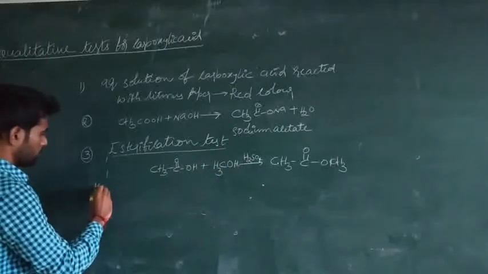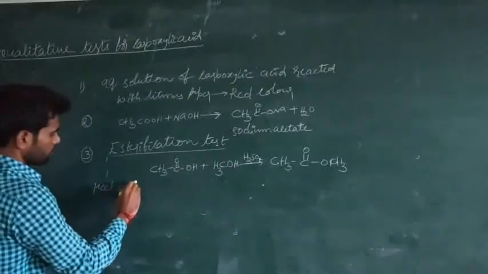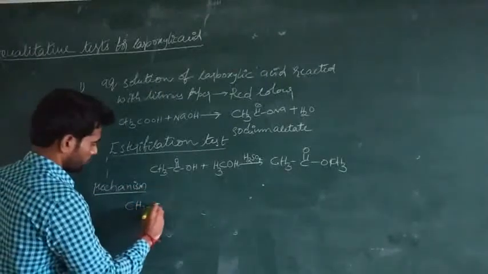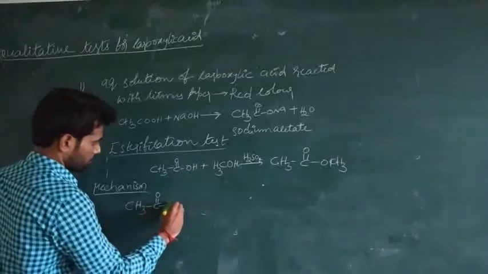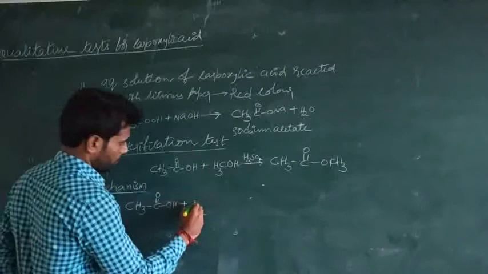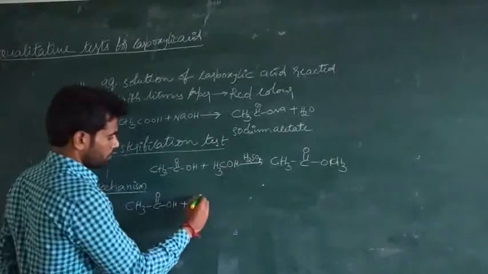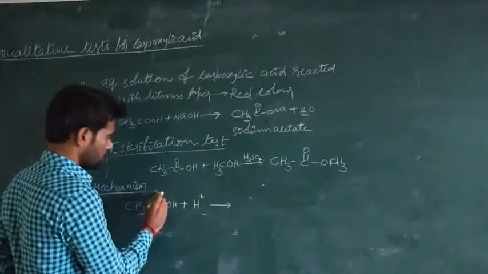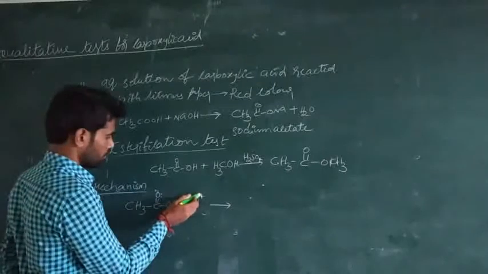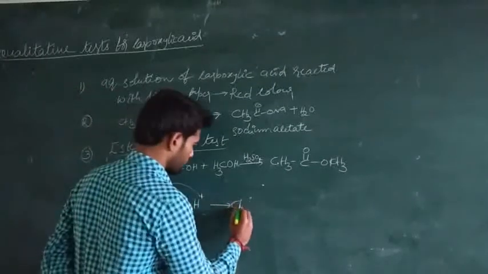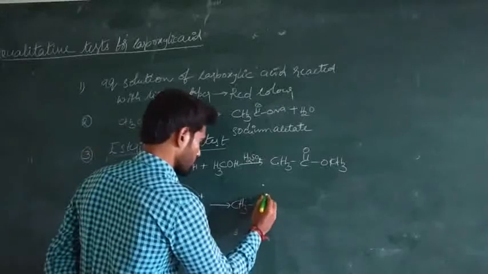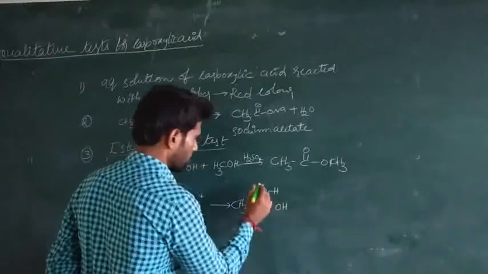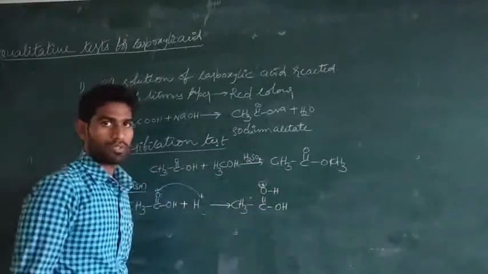Now mechanism: carboxylic acid in the presence of acid produces H plus ions, and these H plus ions react with the oxygen atom. Now oxygen is getting positive charge.